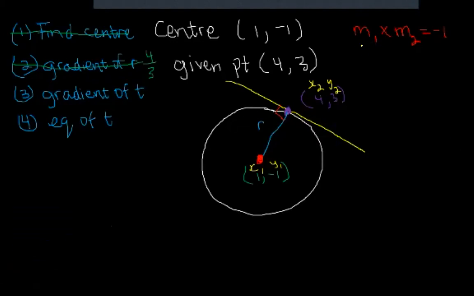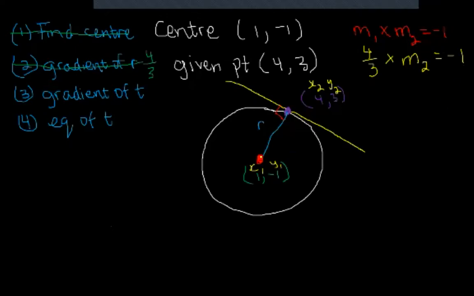M1 in this case is the gradient of the radius, so I would replace that with 4/3. M2 is the gradient of the tangent, and this is what we're trying to find, so I'll put back M2 here. Whatever M2 is, the product of M2 and 4/3 would be equal to -1.